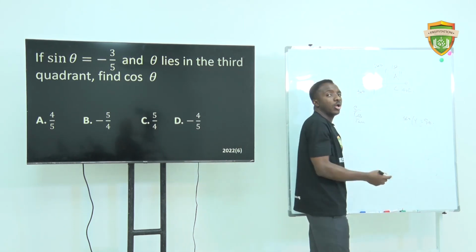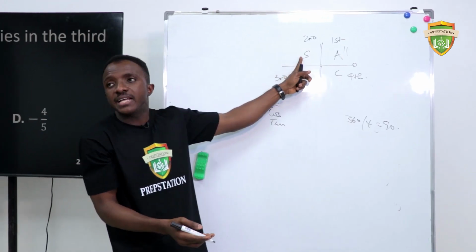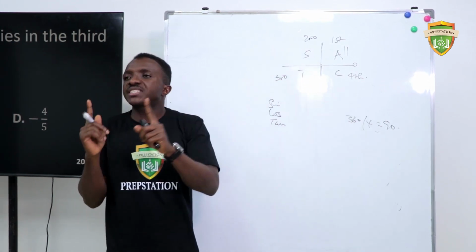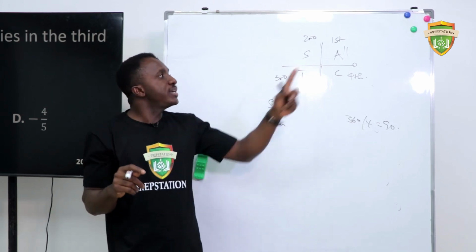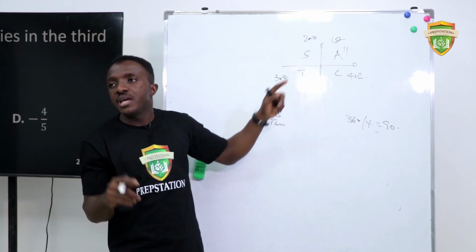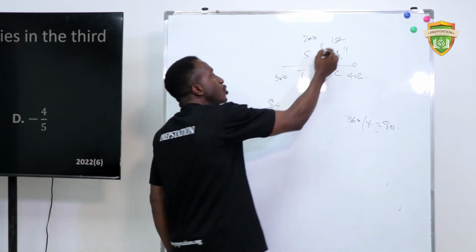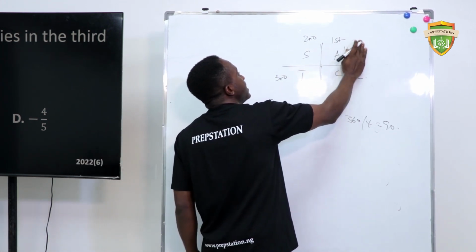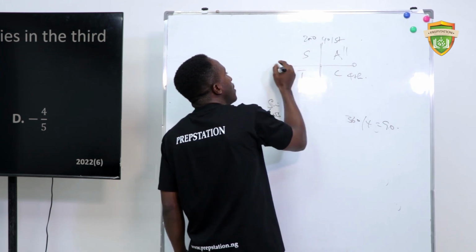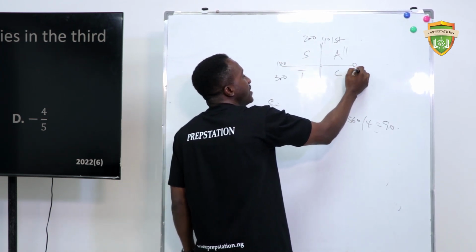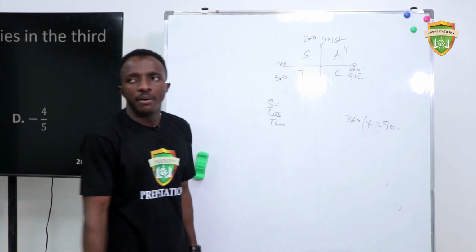A is for all positive. Now the next is S. The next quadrant, the second quadrant. Now in the second quadrant, only the sine of angles between 90 and 180 is positive. You can confirm that with your calculator. Look at this. So here, this is 0 to 90. Now this is 90 to 180, 180 to 270, and this is 360 degrees. Note that.